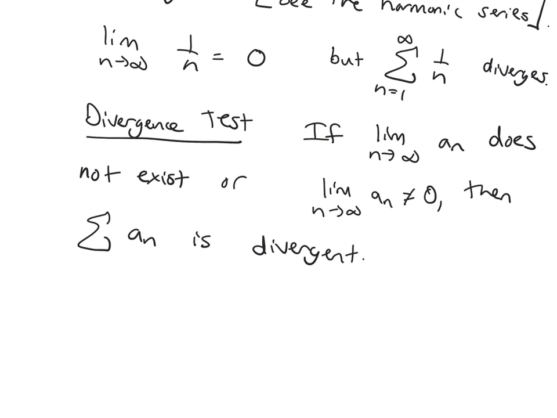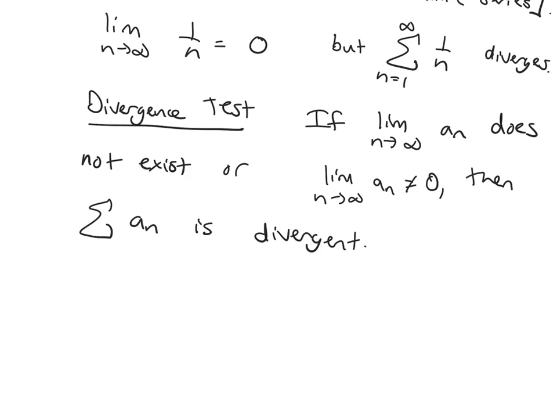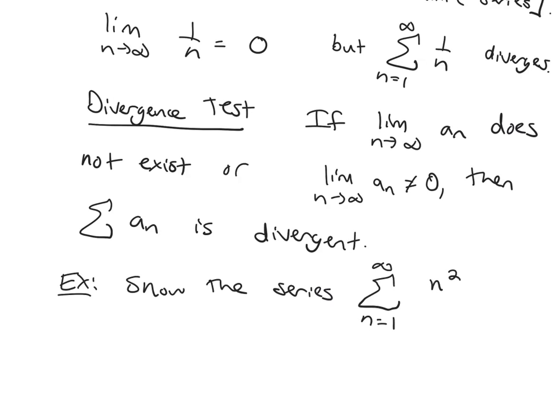So let's put this to use. Let's do a problem. So, example: show the series sum from n equals 1 to infinity of n squared over 5n squared plus 4 diverges.